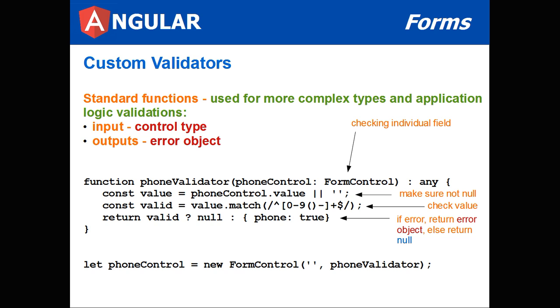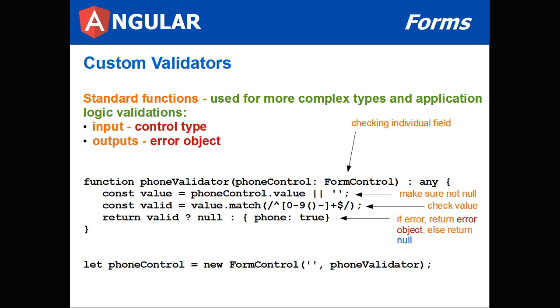It looks at the value of the form control, makes sure that if it's null, it defines it to be an empty string. And then it checks the value to make sure that it has certain numeric or left paren, right paren, or hyphen characters. And then it would return null if it was valid, and it would return an error object if it wasn't.